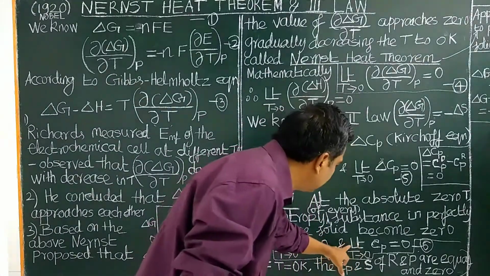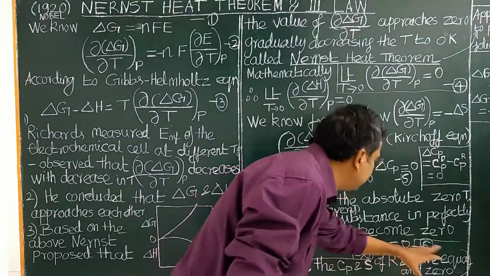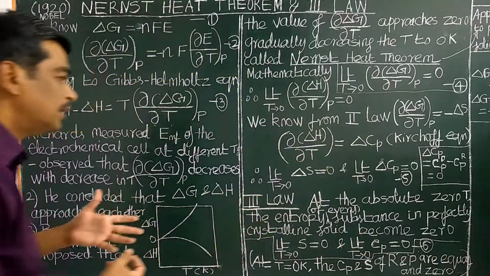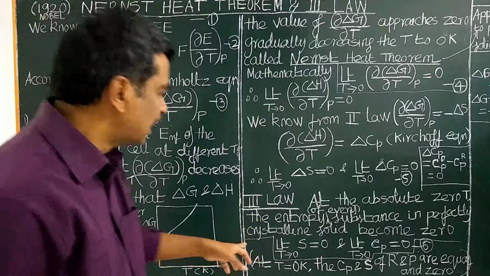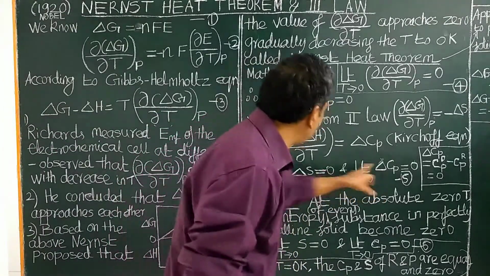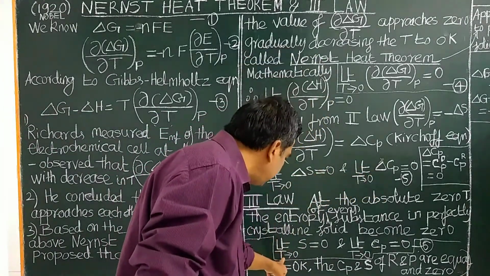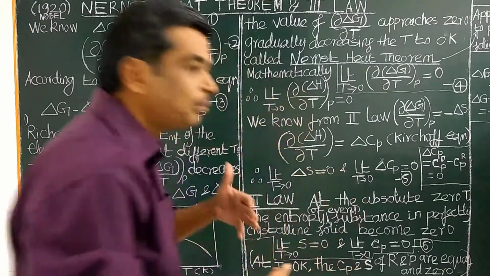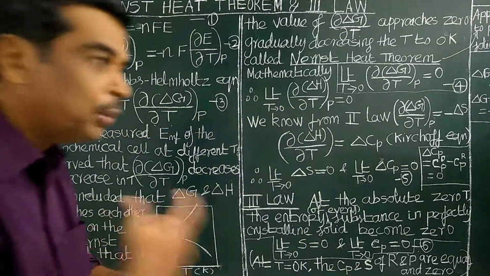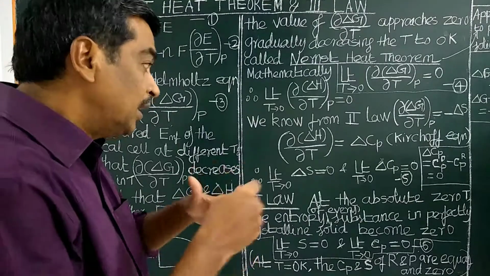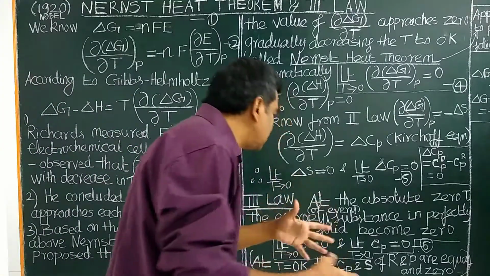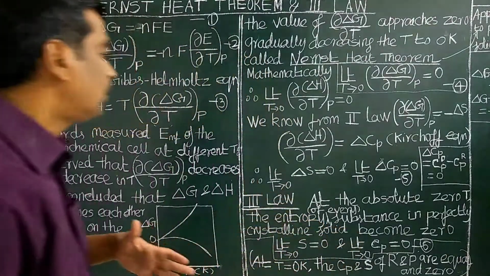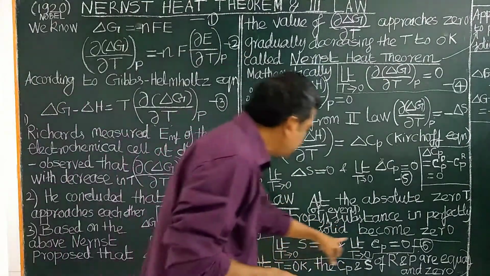That is, limit T tends to 0, heat capacity equals 0. He also generalized that since this is 0, the entropy of a pure crystalline substance also approaches 0: as T tends to 0, S equals 0. This is the mathematical form of the third law of thermodynamics.